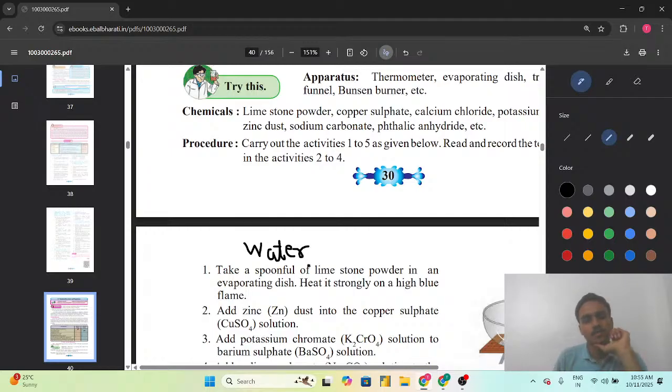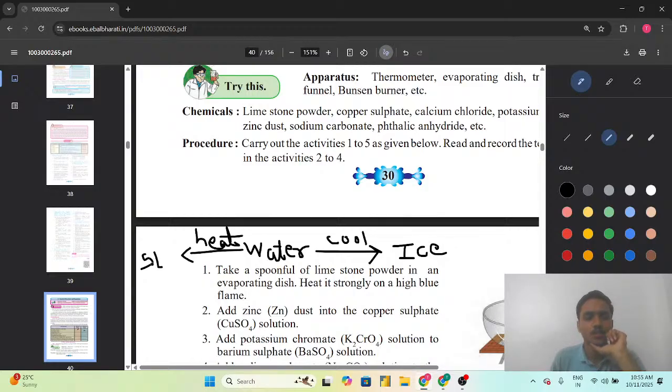Water on cooling will get converted into ice, and after giving heat to the water, it will get converted into steam.